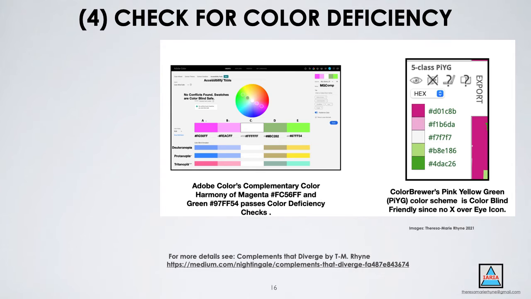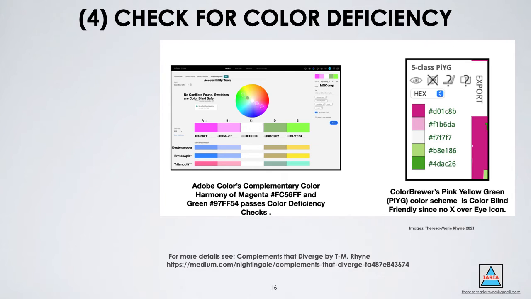Now, the neat thing about this software is if they don't differentiate, it tells you. This one says everything passes just fine. I will tell you a color scheme that would not work, and that is if you had orange and green. It would be really hard to differentiate. But we don't. We're lucky we have magenta and green.